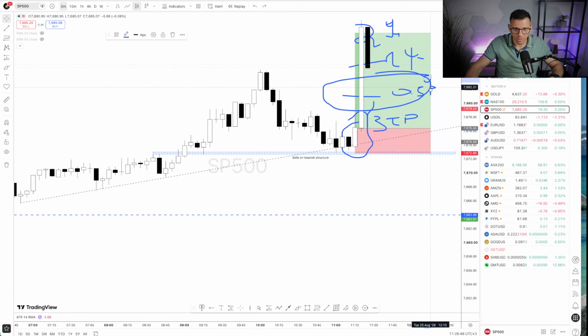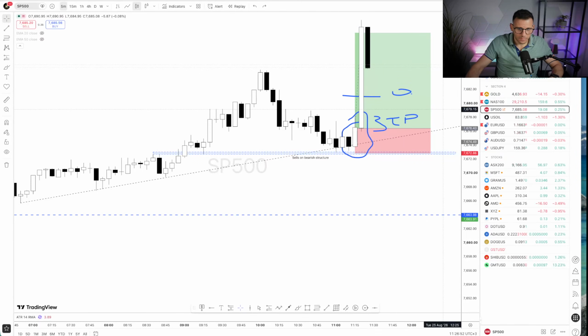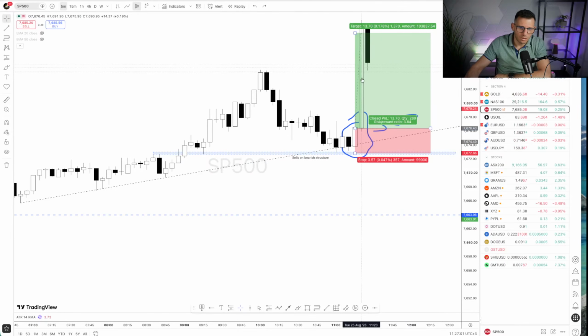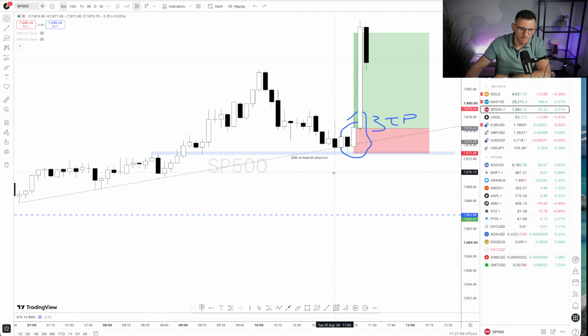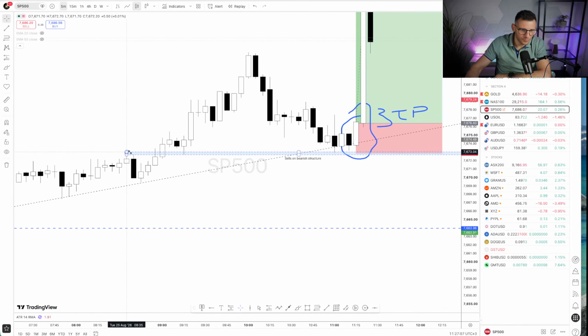Yeah, so that's good. Now the price is pulling backwards. At the beginning, I was looking for sales, but you see sales on bearish structure only at the break of this low.